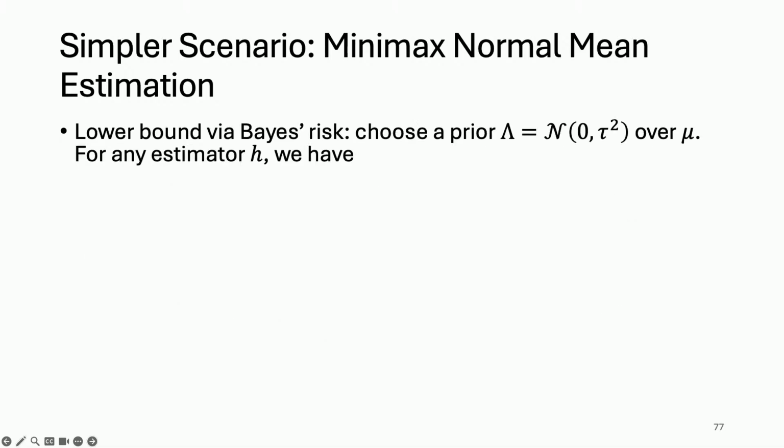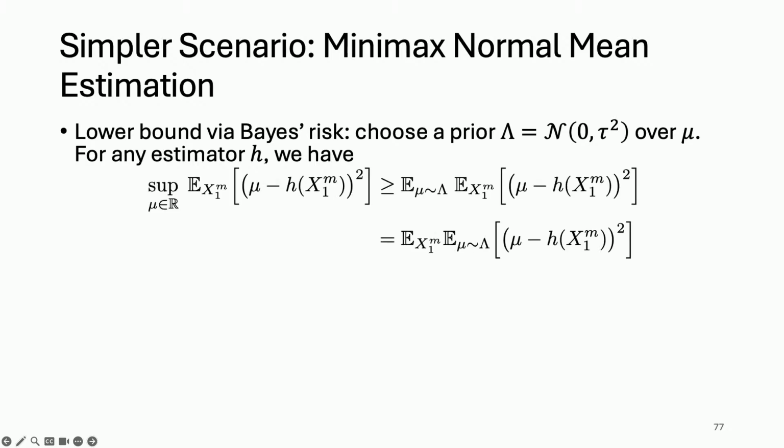And also, they can lower bound this via Bayes risk by choosing a prior gamma, supposing that mu is sampled from a prior. And then for any estimator, the minimax risk is lower bounded by the Bayes risk.